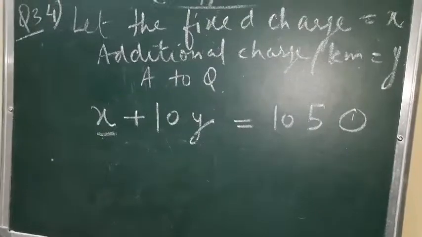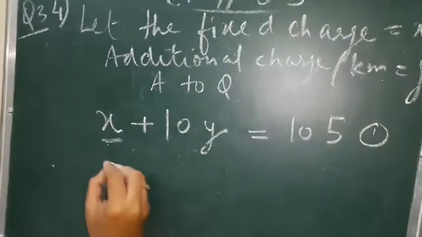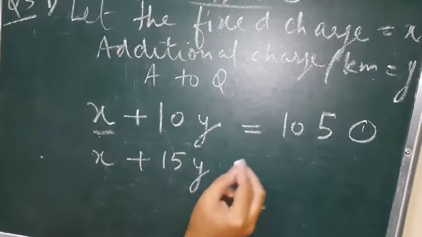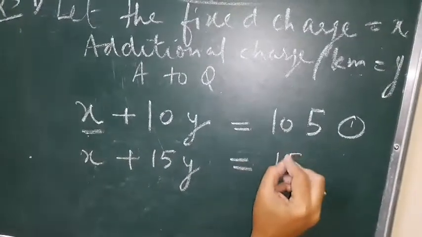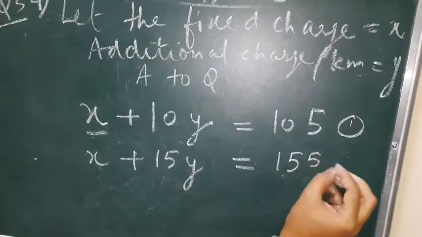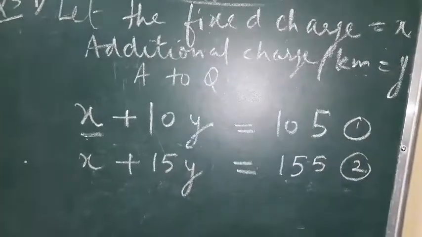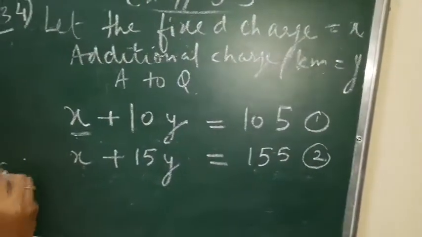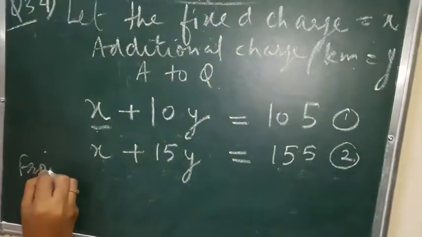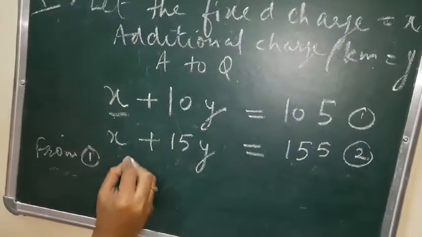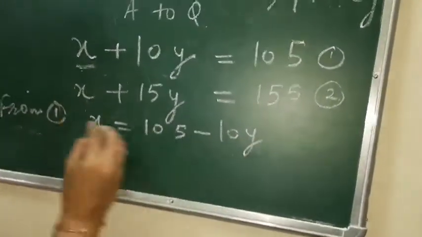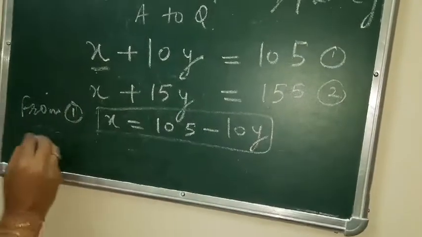Then for a journey of 15 kilometers, again he has to pay x. He has moved 15 kilometers, so 15y, and now he has paid 155 rupees. So this is our second equation. From both the equations you can find x. I am finding it from the first one only. So x is equal to 105 minus 10y, and put this value in 2.